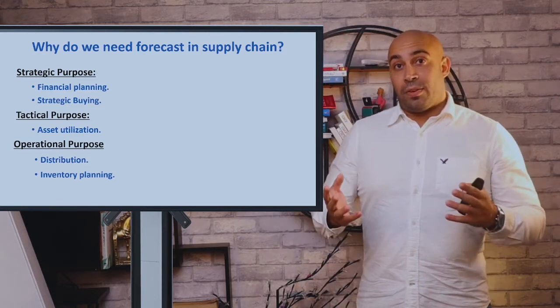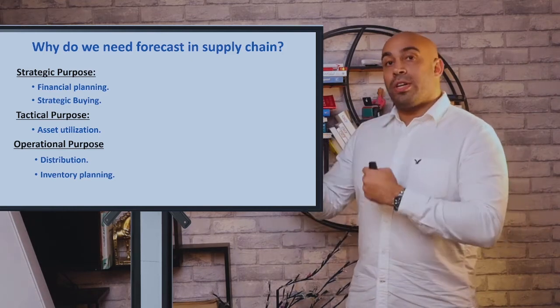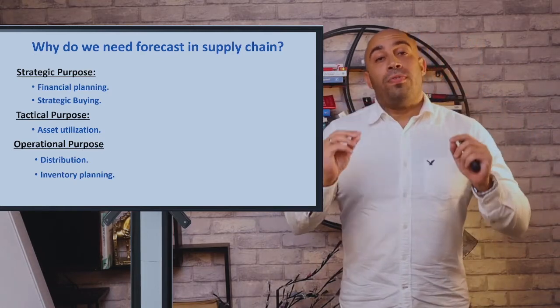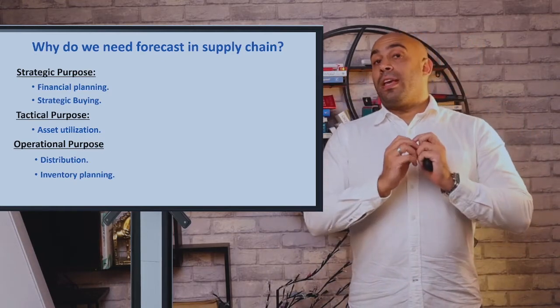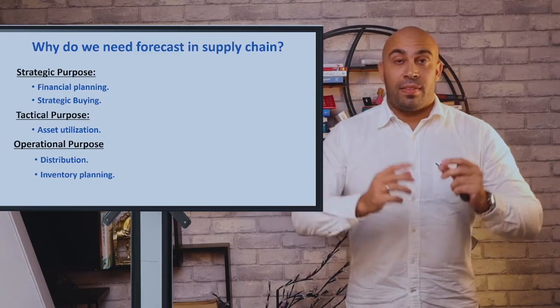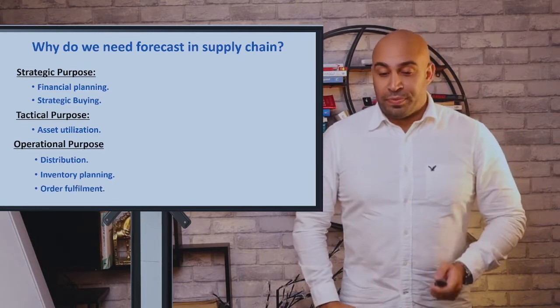So forecasting will also allow you to control your inventory and see the projection of your inventory in the future. So without forecasting, again, you will not be able to have a strategic, tactical, or operational purpose. That's why I'm asking each company to think in a different way.